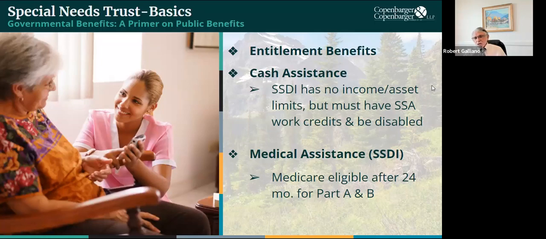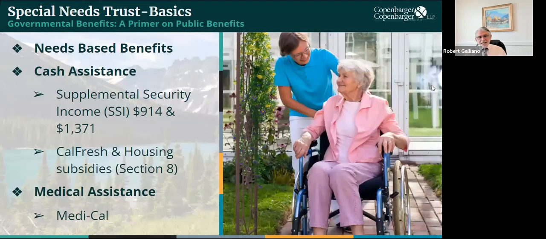Now, there's a confusion with reference to terminology. There are several types of Social Security payments. There's the kind of Social Security payments that you get generally when you reach the age of 65, retirement benefits. And on the screen, you can see SSDI, disability income payments. And then on the other slide, SSI, supplemental security income.